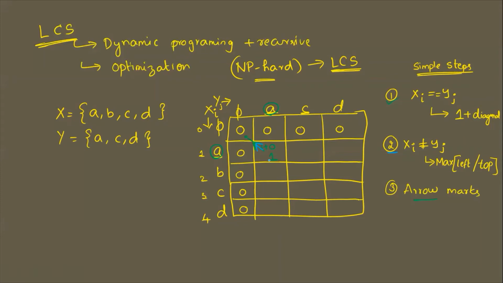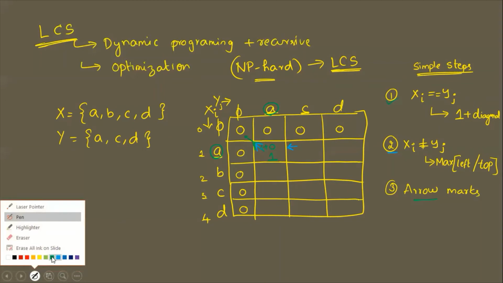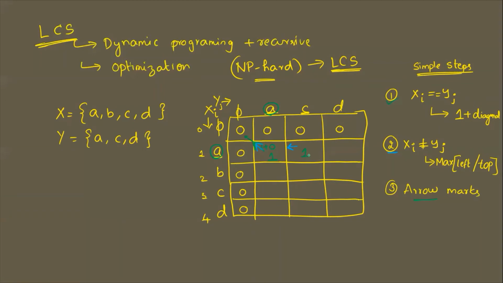So which one is maximum? 1. So I am taking the value from this cell. To denote this, I am just putting the arrow this side, and then I will write the value 1. I hope it's clear now.